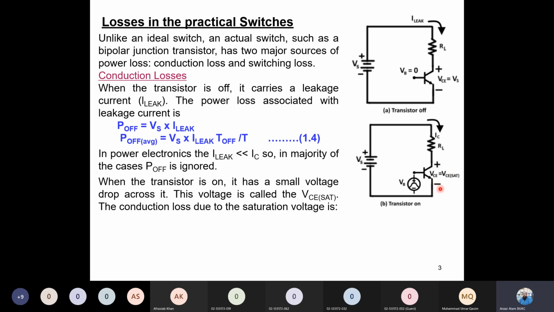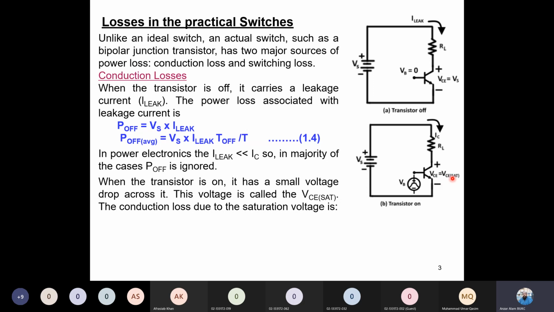And this voltage is known as the collector to emitter saturation voltage. As we know, for the silicon diode, the voltage across the diode when it is turned on is about 0.6 or 0.7 volt. Similarly, when this transistor turns on, there is a voltage across it too, from 1.2 to somewhat about 2 volt.